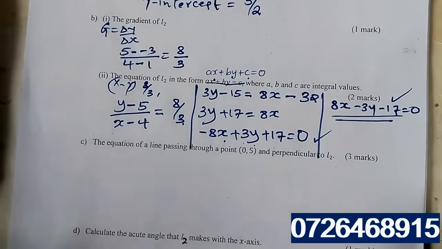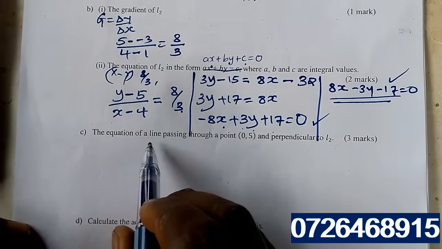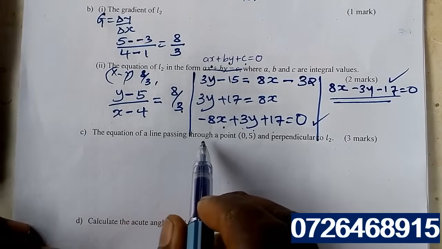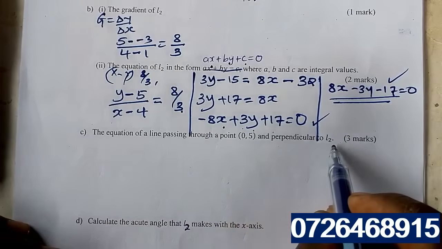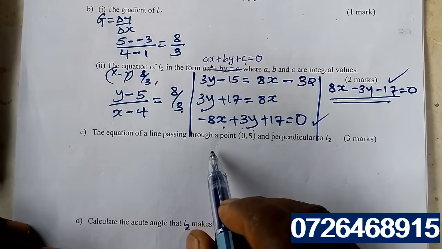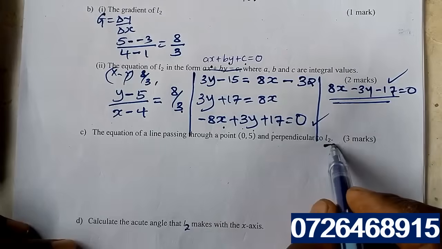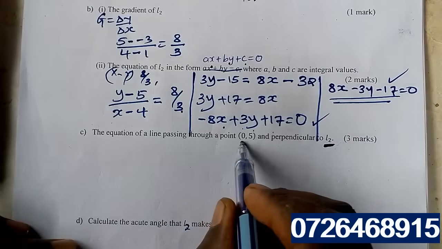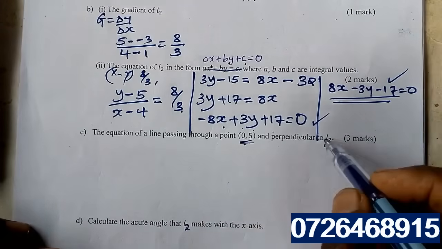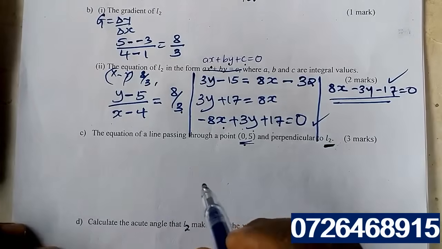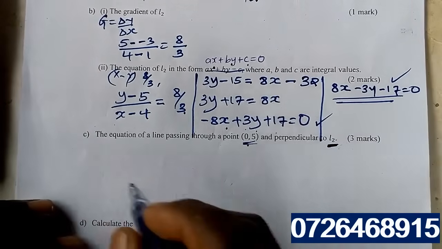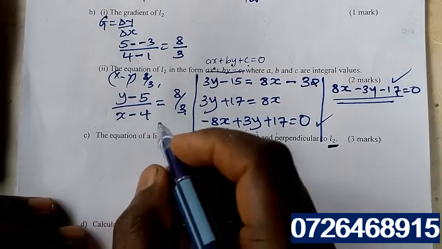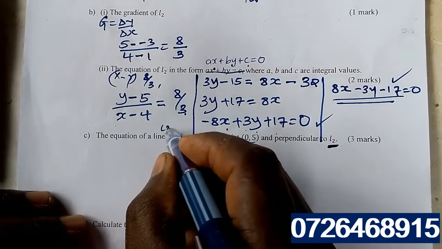The equation of a line passing through a point and perpendicular to another line. There is another line that is perpendicular to line 2 and it passes through this point. If it is perpendicular to line 2, we know the relationship between perpendicular lines. So let us get the gradient of that line. Let me call it line 3.